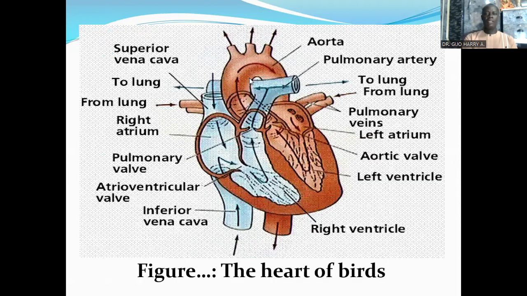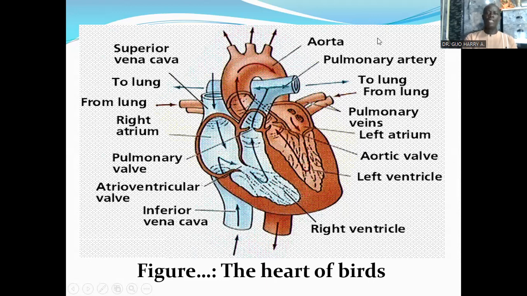Now here's the heart of a bird, and these arrows are showing the movement of blood. This is the inferior vena cava, where deoxygenated blood comes in and passes from the right atrium to the right ventricle, and then into the pulmonary artery, and then the blood is pumped to the lungs, where it receives oxygen.